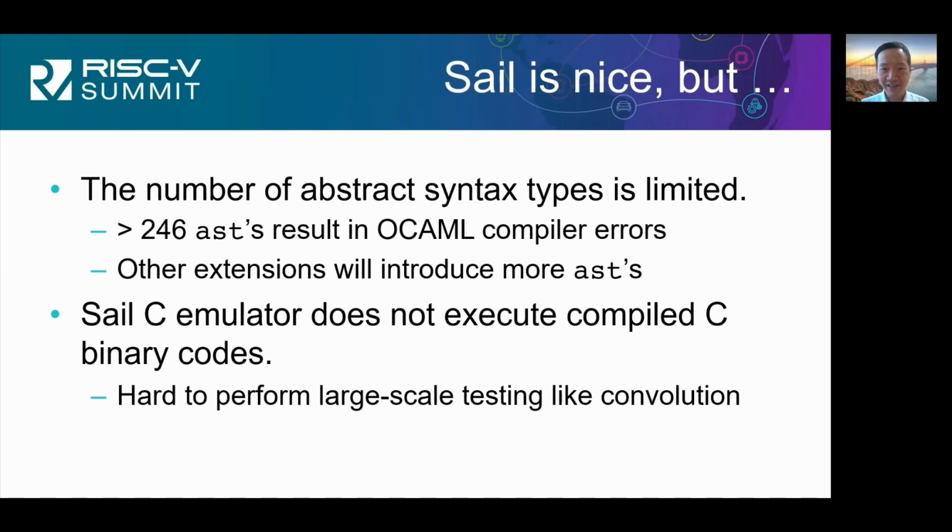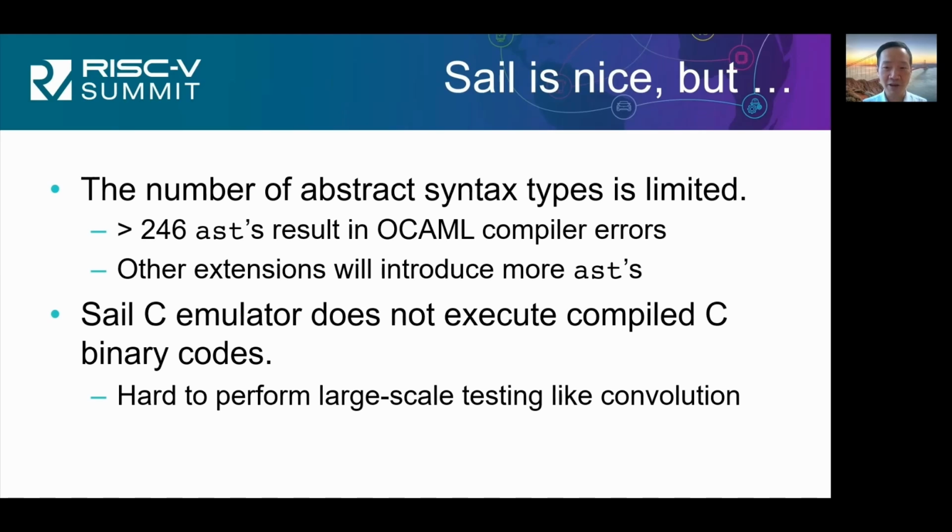So which means that as the number of extensions increases, the types of abstract syntax will also increase, and we expect this 246 abstract syntax type limit will run out very quickly. So if we are not very careful about how to define this abstract syntax, that's one bad thing. We try to minimize our abstract syntax types to avoid this problem.